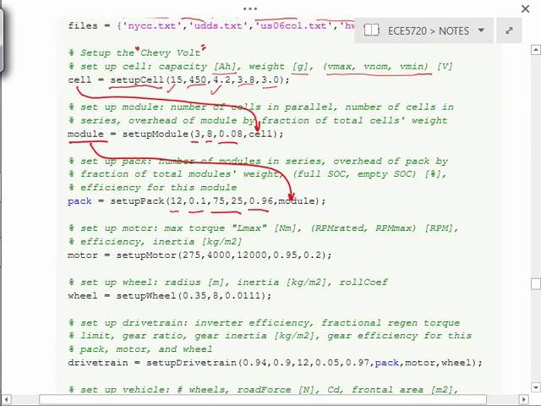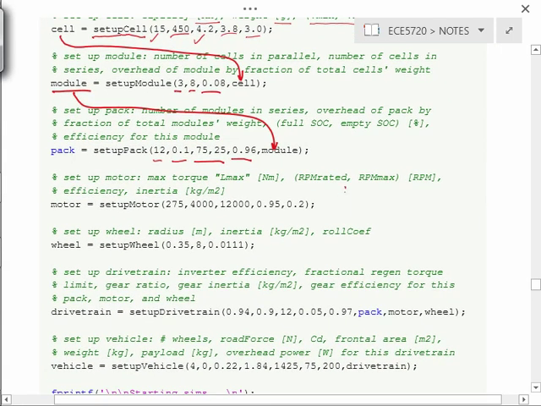Next thing, we set up the motor, and we're assuming an AC induction motor with characteristics that look like this. So L max is this number here. RPM rated is that speed. RPM max is that speed. The efficiency is given, and then the inertia of the motor is also given.